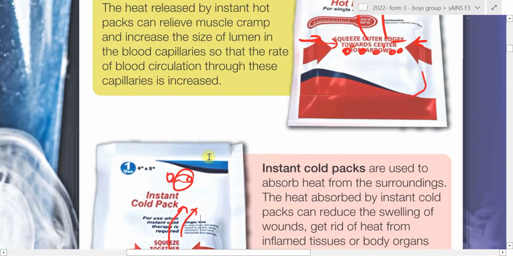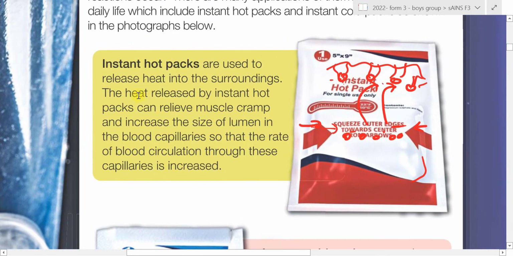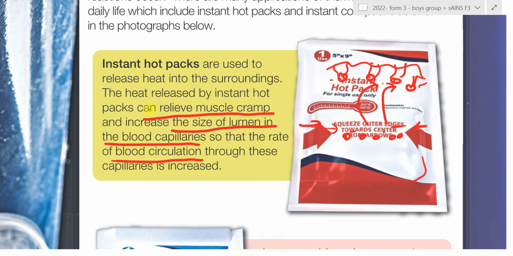Why do this hot sensation and cold sensation happen? Instant hot packs are used to release the heat into the surrounding. The heat released by this instant hot pack, what is the function? It can relieve muscle cramp. When you have a muscle cramp, you use hot pack. It also increases the size of the lumen in the blood capillary so that the rate of blood circulation through this capillary is increased.